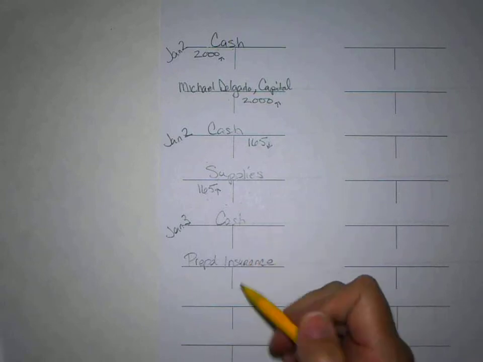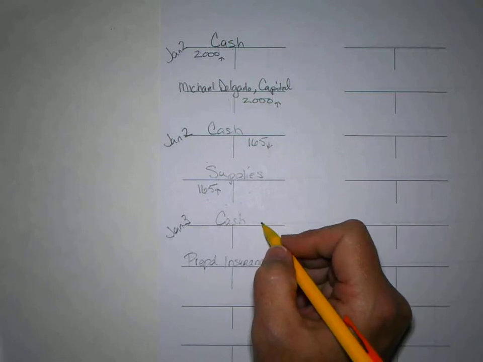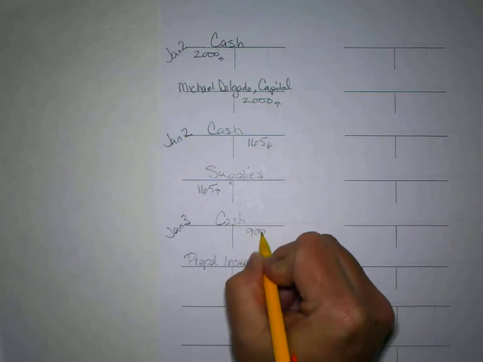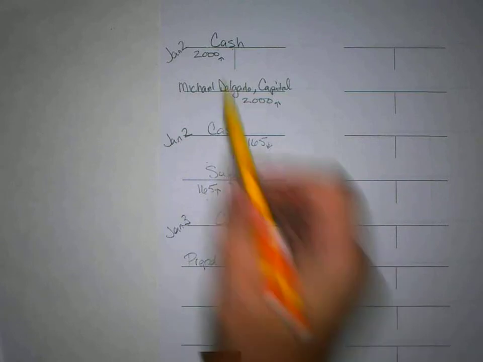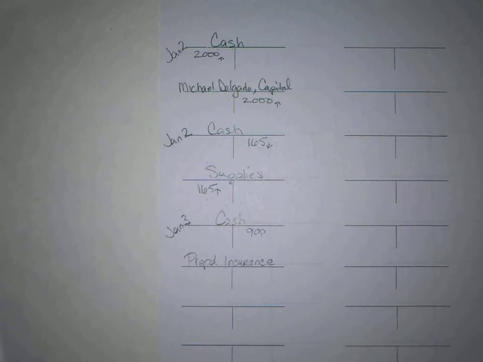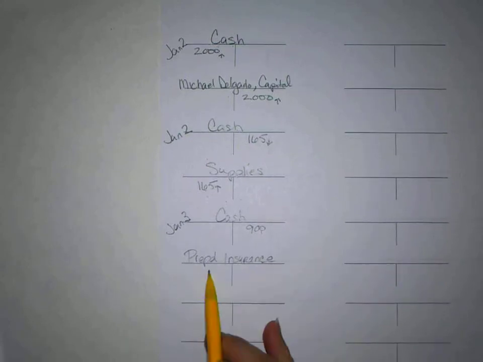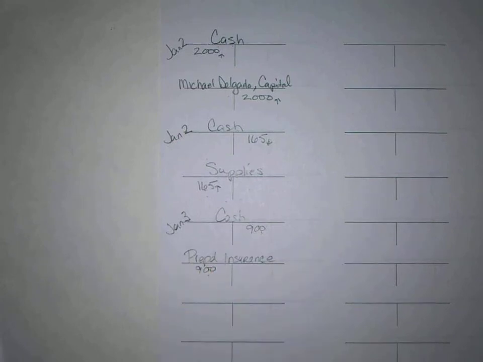Okay, paid cash, it's going to decrease. Therefore, it's on the credit side. Notice I'm not using pluses and minuses. I'm not doing plus 2,000 or minus 165. The plus and the minus come from which side of the T that number is on. Prepaid insurance is increasing. It's an asset. So assets increase on the debit side.